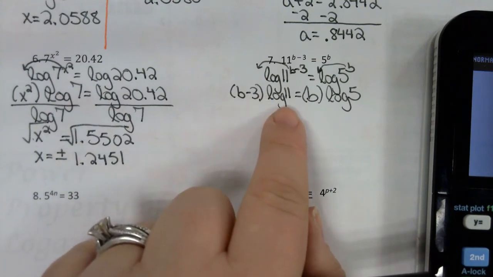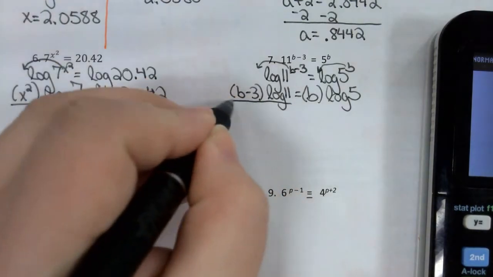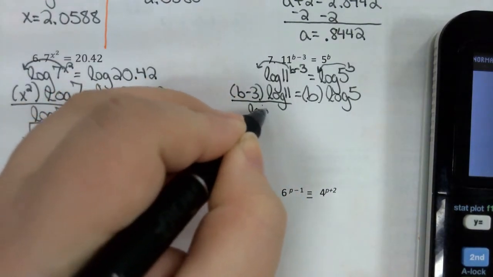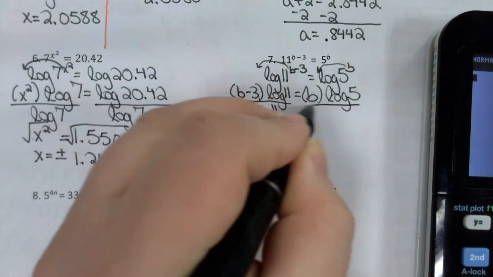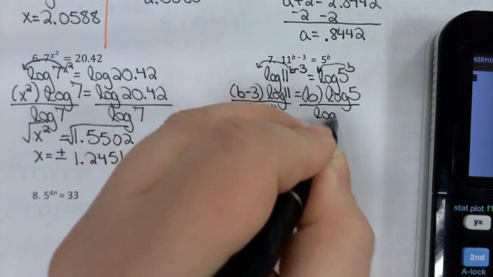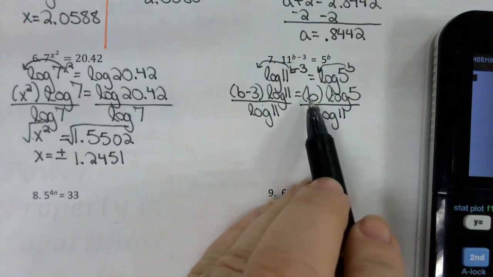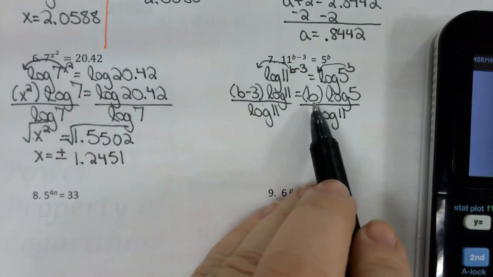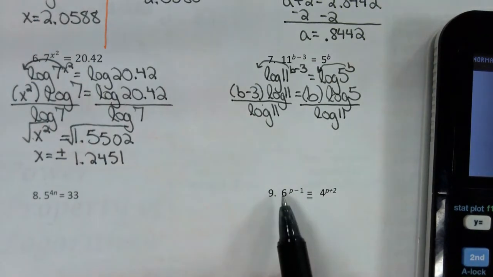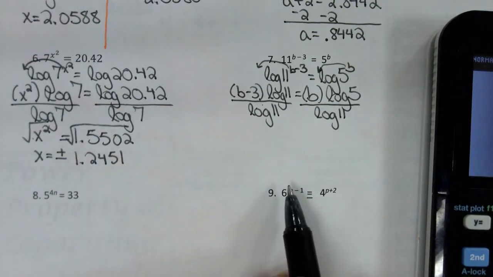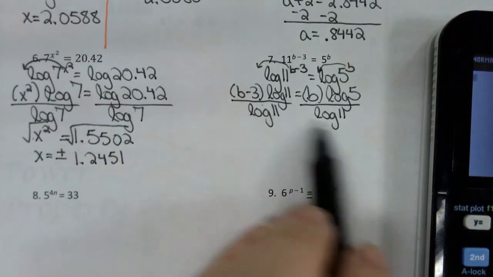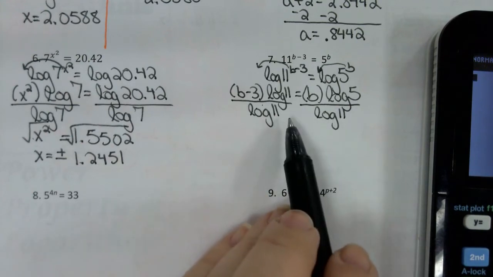So instead, if I divide by log of 11 on both sides, I move the long nasty decimal to the side that I don't have to distribute. It just has a b behind it. Now there will be some, like in number 9, where distribution is unavoidable, but if you can avoid it, I suggest that you do.